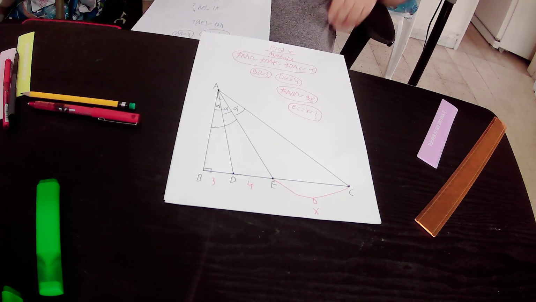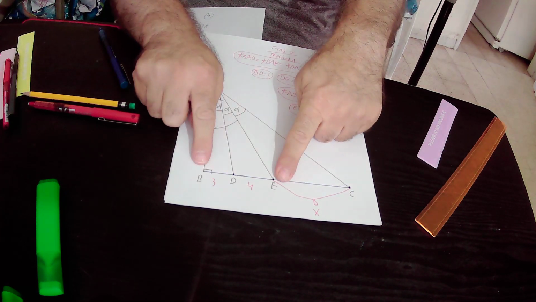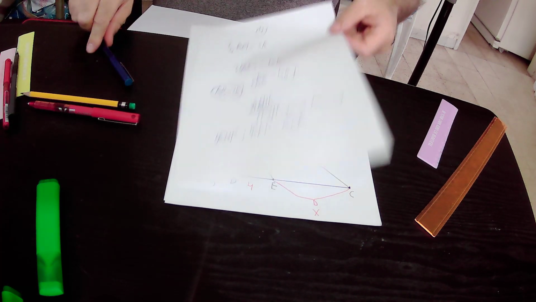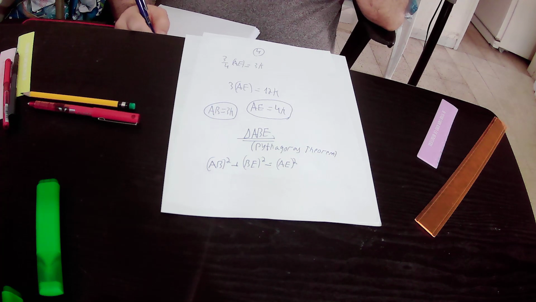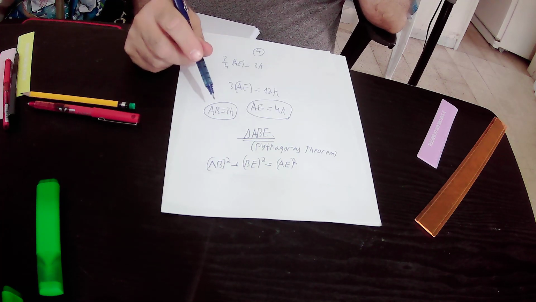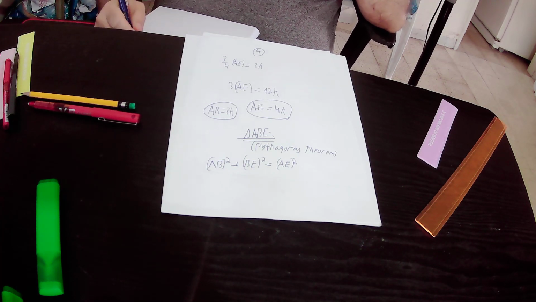What is the value of BE? BE equals 3 plus 4, that is to say 7, so it is 7 square. It equals AE square. We have already found out that AE equals 4k, so AE square will be equal to 4k square.